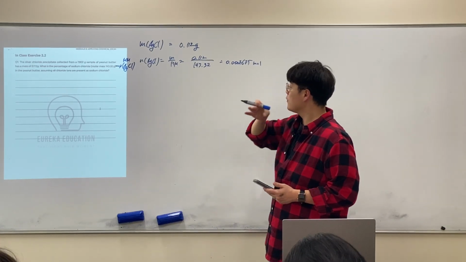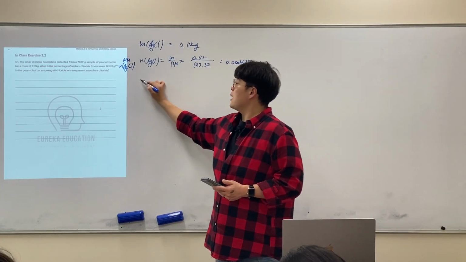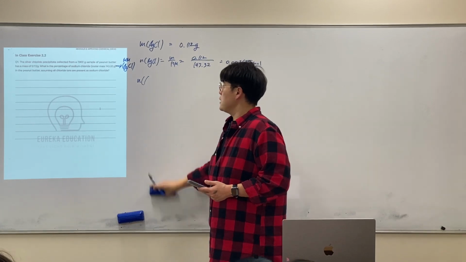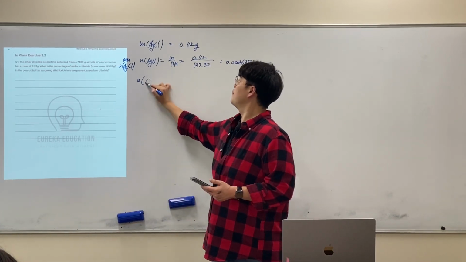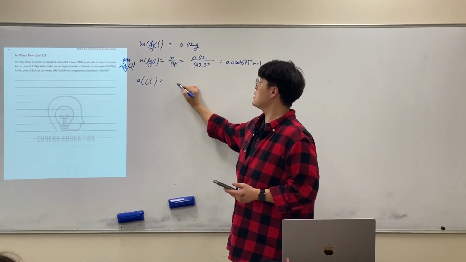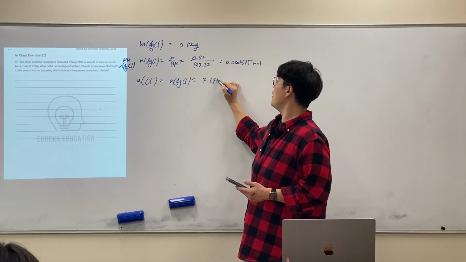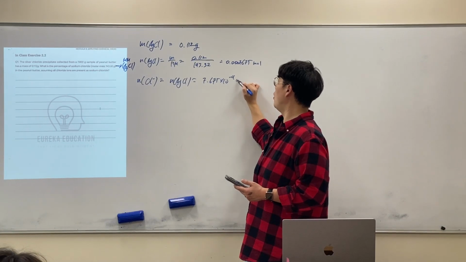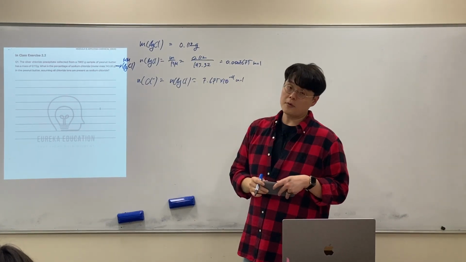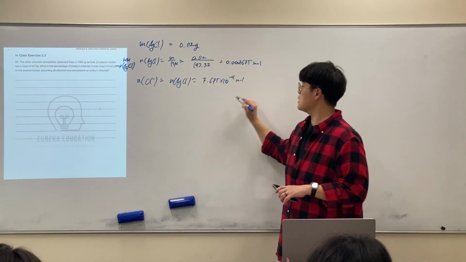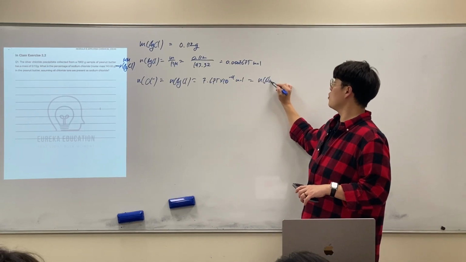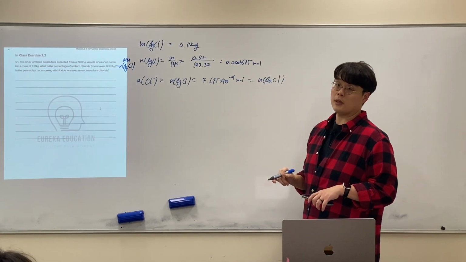What we know from here is the n of the chloride ion must be the same as n of the silver chloride, which is 7.675 times 10 to the power minus 4 mole. And then going up to here, that's the same as the n of sodium chloride in the peanut butter.